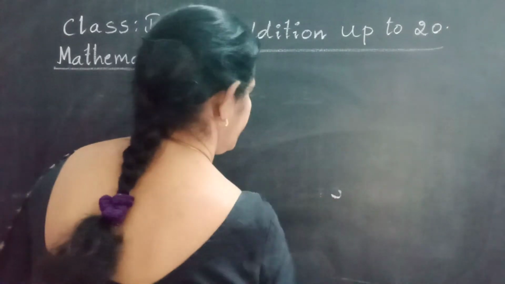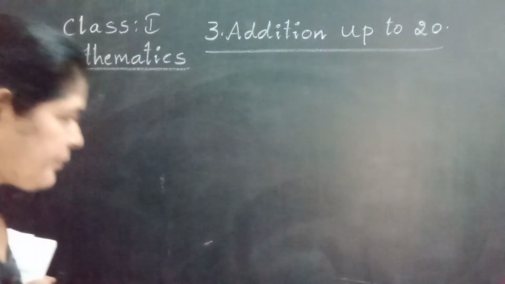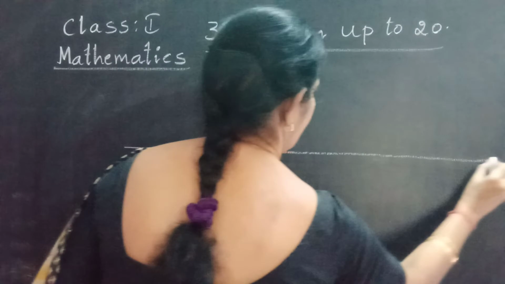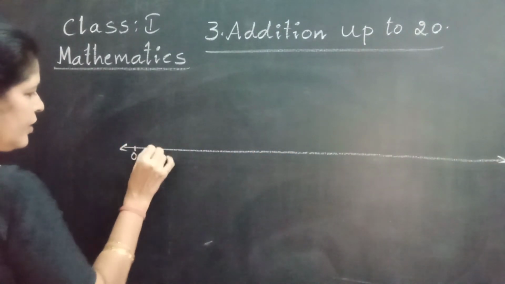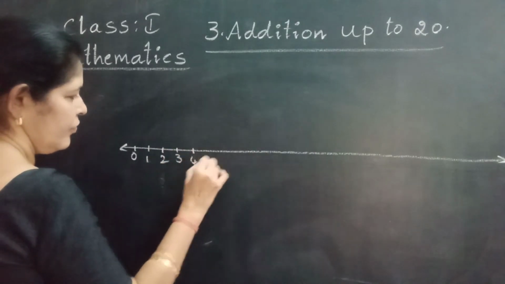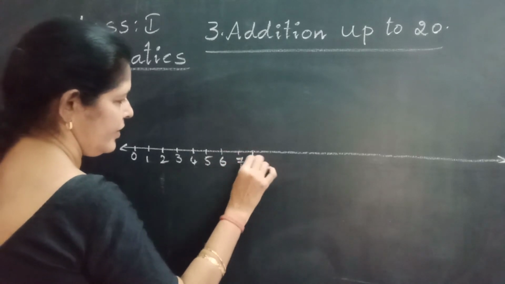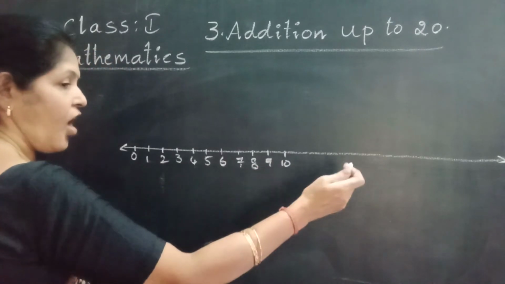Next, again addition on the number line up to 20. Now draw the number line up to 20. 0, 1, 2, 3, 4, 5, 6, 7, 8, 9, 10. The numbers are in order.